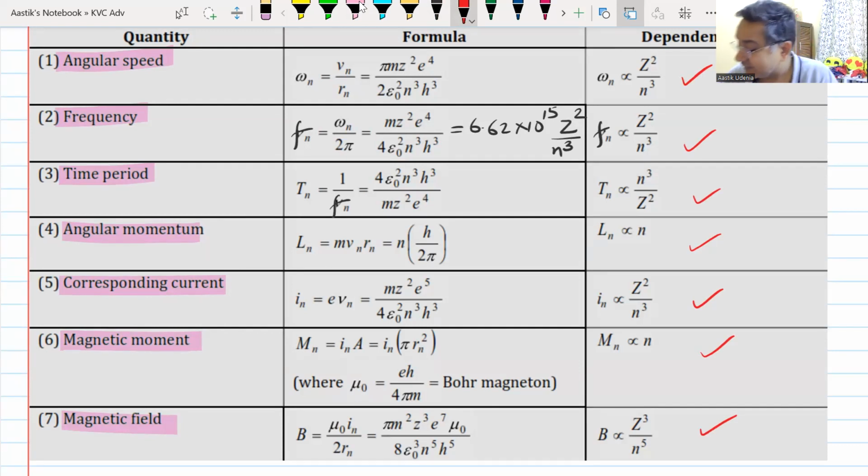Yes. This 6.62 into 10 raised to the power 15, you can call it F naught.